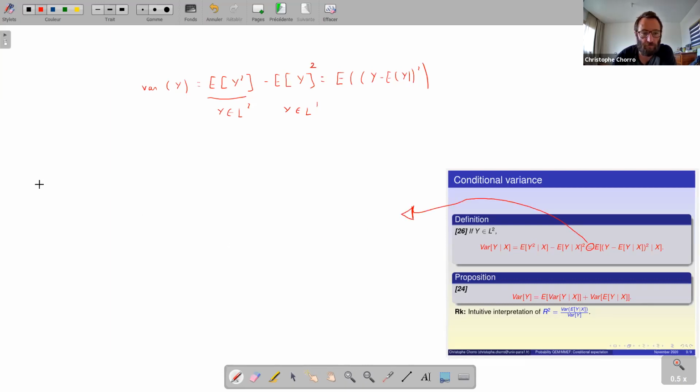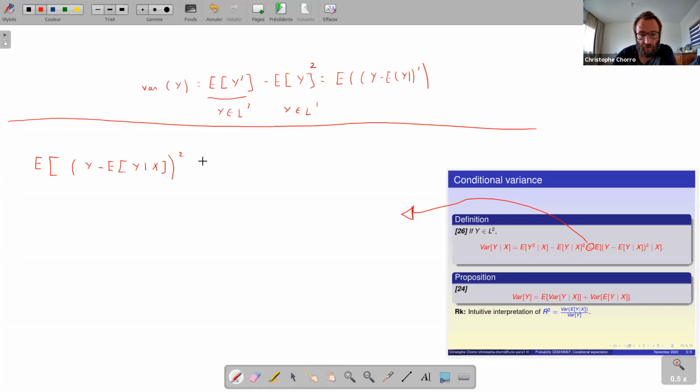So let's work with the conditional expectation of Y minus the expectation of Y given X, squared, given X. So what can I do?